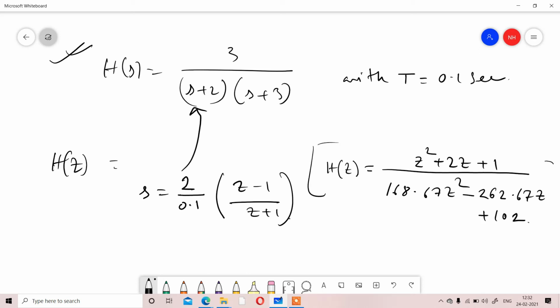Okay, so the process is very simple. Simply put the value of s, then calculate H(z). Okay, is that clear up to here or not? Up to that, if you have any question, you can ask me.